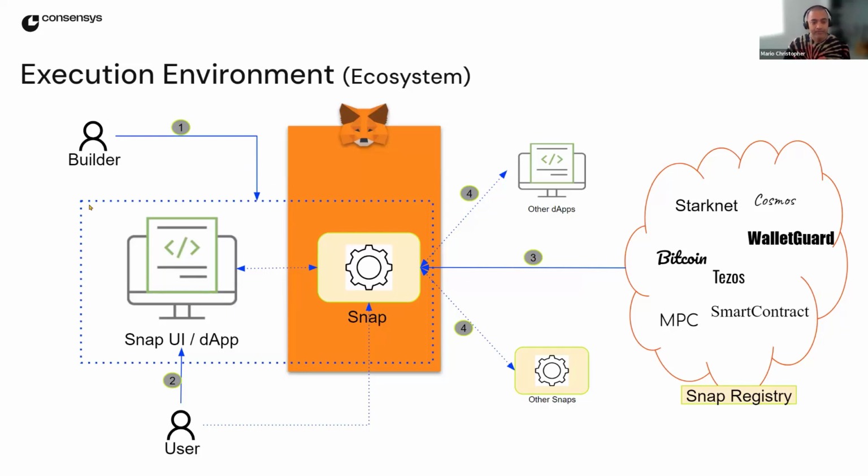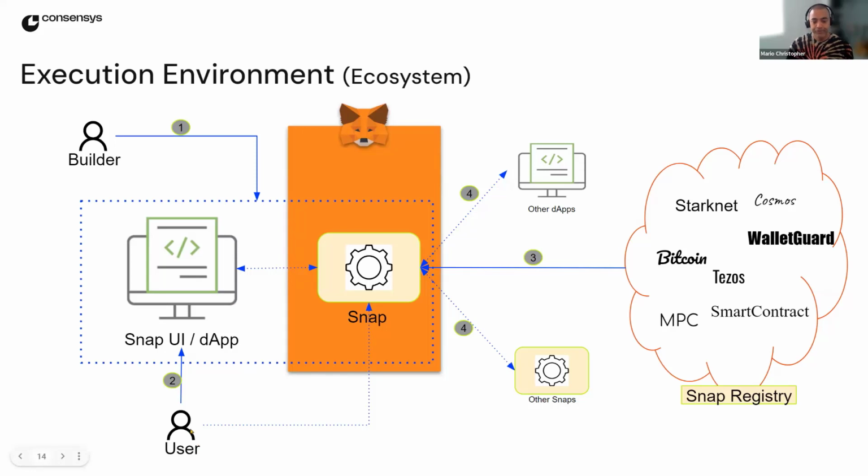So the builder develops whatever is in this dotted rectangle. The builder has a DApp and the builder has the snap. These are the two deliverables that the builder provides. And this snap lives in the cloud, which in this case is called NPM. We are working on having many more registries out there, but for now we are starting with NPM. So this is the first stage.